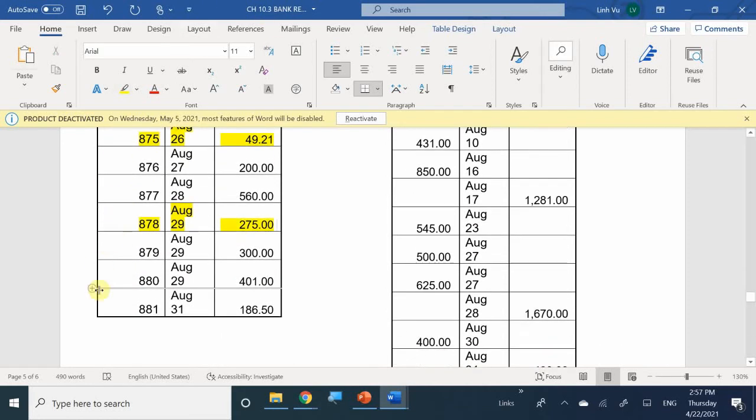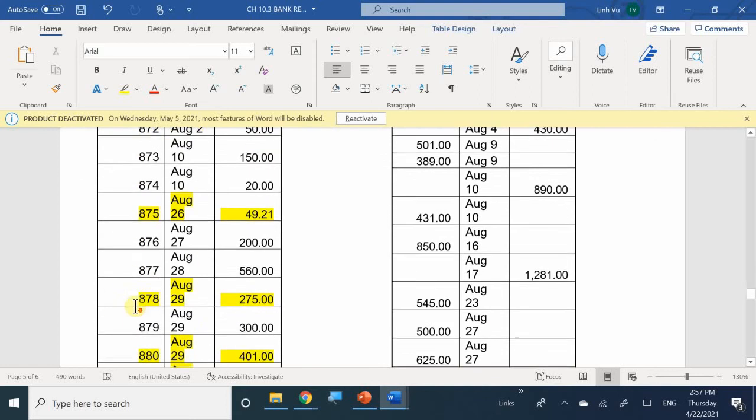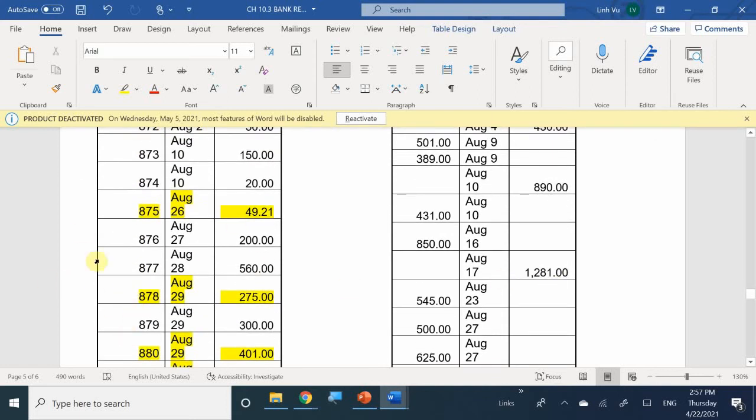We have 879. We're missing 880 and 881. So we are missing 5 checks. This is what we wrote, but only 1, 2, 3, 4, 5, 6 cleared out of all of these.